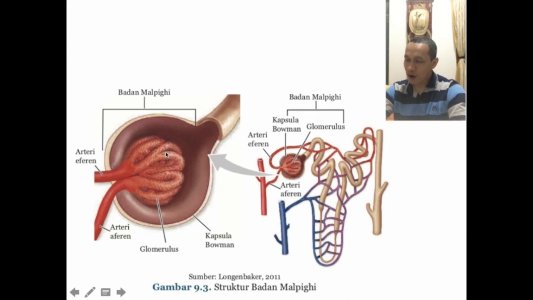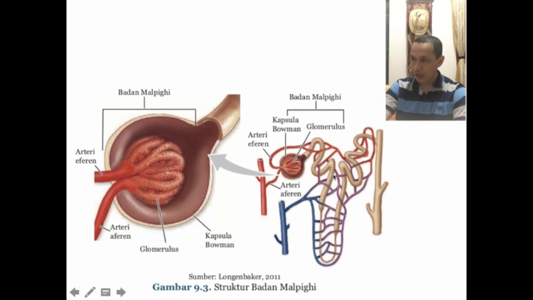From the Bowman's capsule, the journey of the future urine continues to this first tubule called the proximal tubule. The complete name is proximal convoluted tubule because it is convoluted.